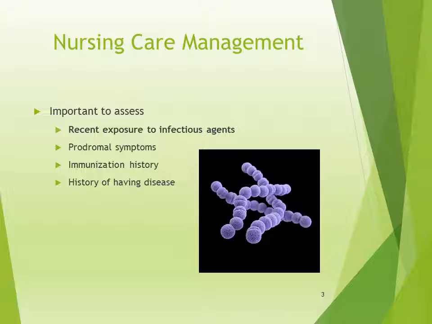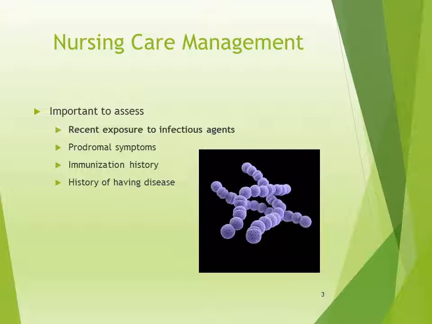One of the things that's very important for us to do when we're assessing a patient with a contagious disease is to identify the infectious agent. This is very important so that we can prevent the spreading of the disorder. We want to treat the patient and we want to stop the spread of a contagious disease. You may see this particular wording in your book, prodromal symptoms.